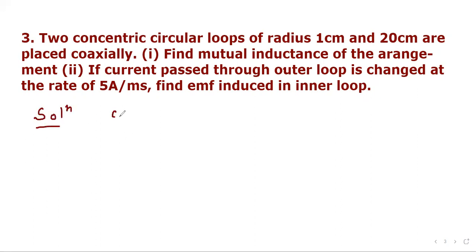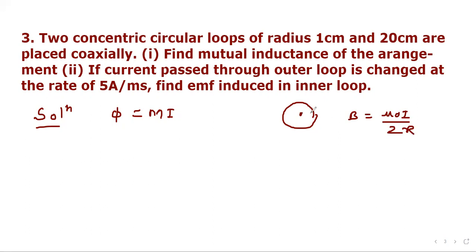So here phi equal to M I, and magnetic flux linked with the smaller coil is this. Now we know that magnetic field at the center B is given by mu naught I divided by twice of radius.